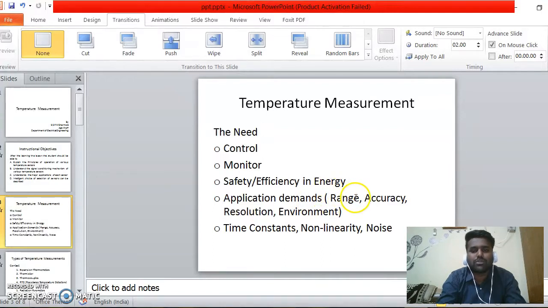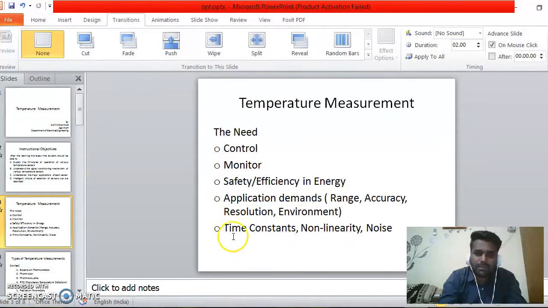Then we have to specify the operating range of that temperature sensor, how much accuracy it is going to produce, what resolution it will have, and whether the temperature sensor is going to create any environmental issues or not. Because the environment is a parameter we have to be more concerned about.